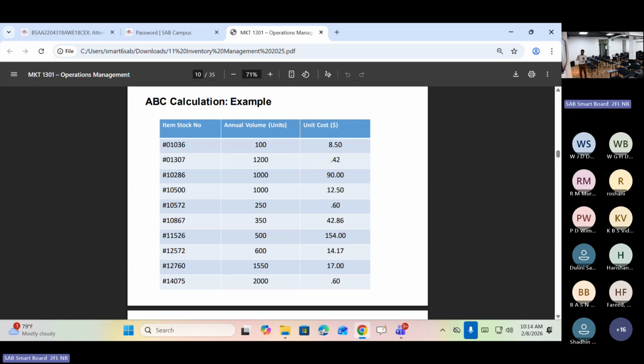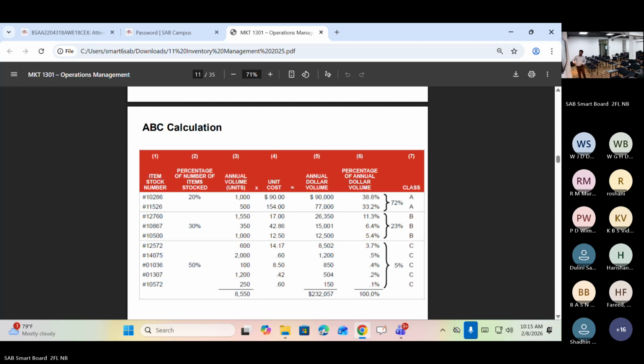By using the annual volume and the unit cost, first of all, you have to calculate the annual dollar value of each SKU and arrange them in descending order, most valuable item to least valuable. That you see in slide number 11.